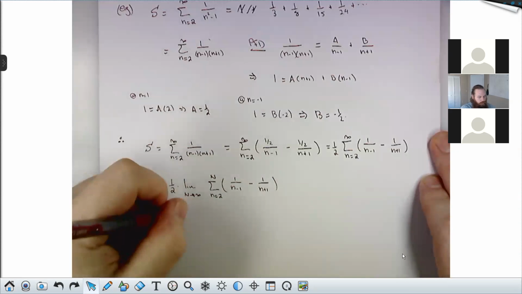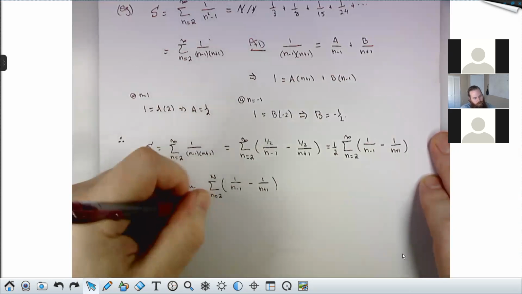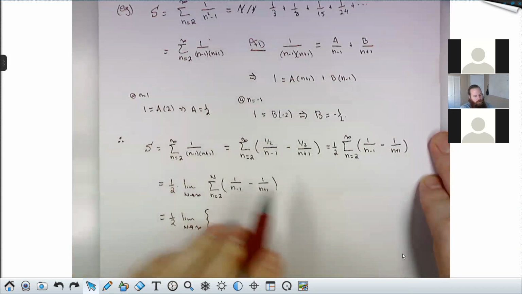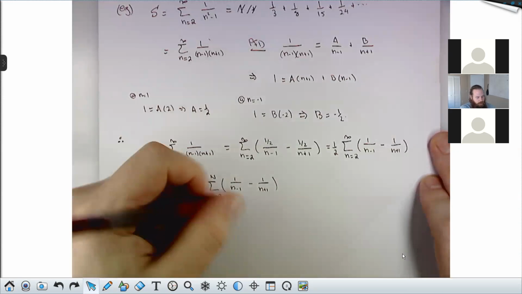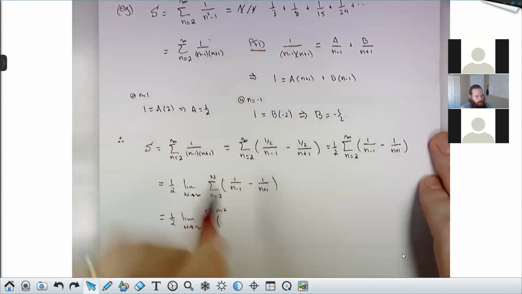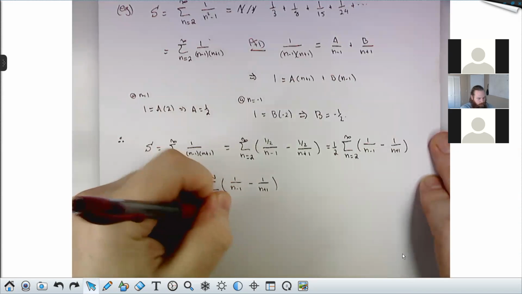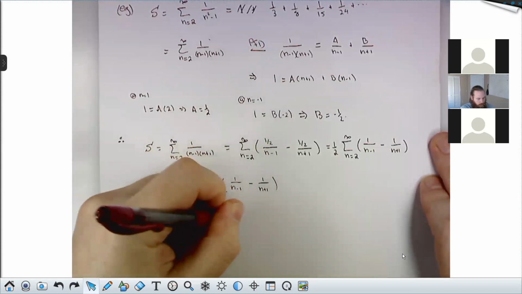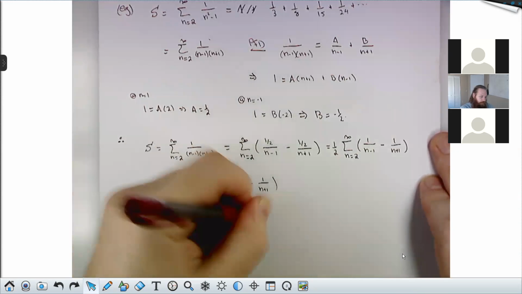I'll have 1/2 lim capital N to infinity. And now I'm going to write this thing out. When little n is equal to 2, I get 1 over 2 minus 1, that's 1, minus 1 over 2 plus 1, that's 1/3.